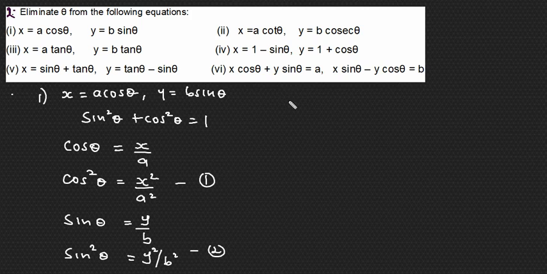you get sine squared plus cos squared, or cos squared plus sine squared. We shall be having x squared over a squared plus y squared over b squared equal to sine squared plus cos squared.